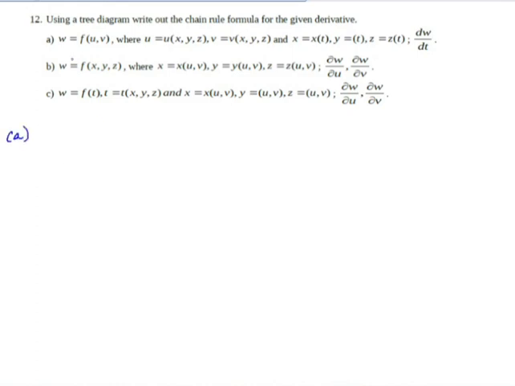In part a, we have a function w which is a function of u and v. Again u is a function of three variables x, y and z. Similarly v is also a function of three variables x, y, z.